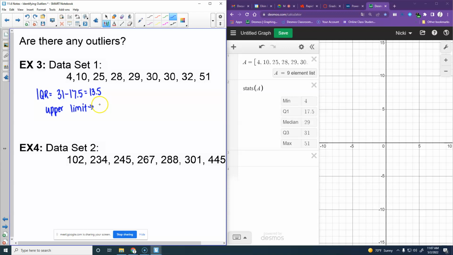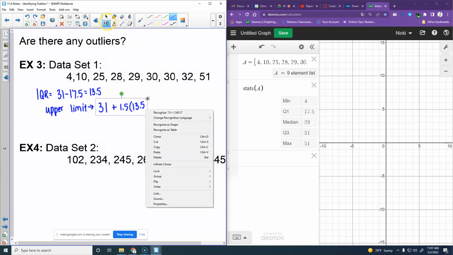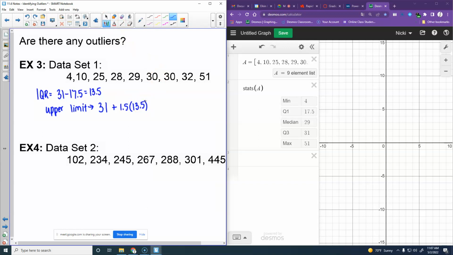Quartile. Okay, so we'll do 31 plus 1.5 times that interquartile range, which was 13.5. So 31 plus 1.5. Please make sure you're writing this down and know how to do this. I get 51.25.